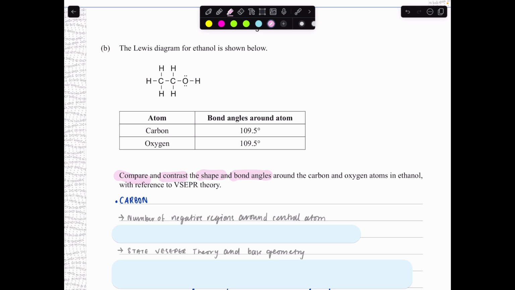So we want to compare and contrast the bond angles and the shape around carbon and oxygen atoms in ethanol. Okay, so let's do it.